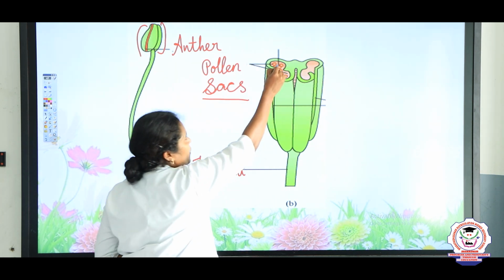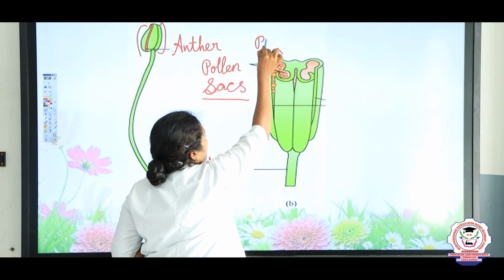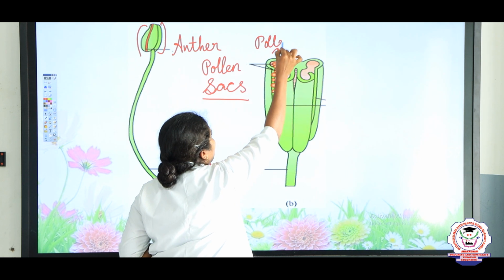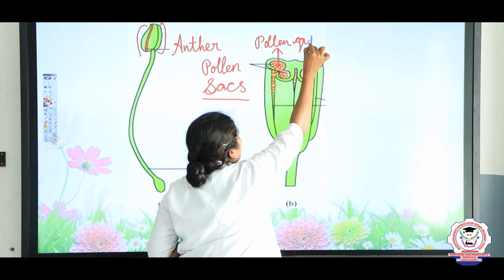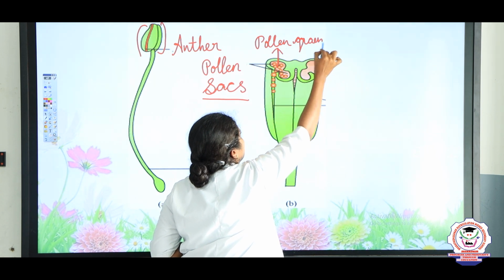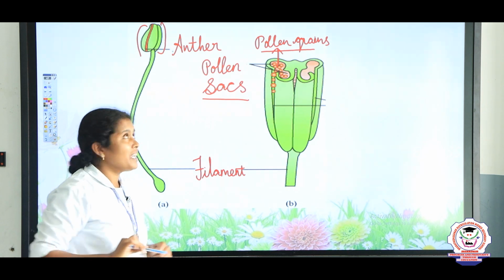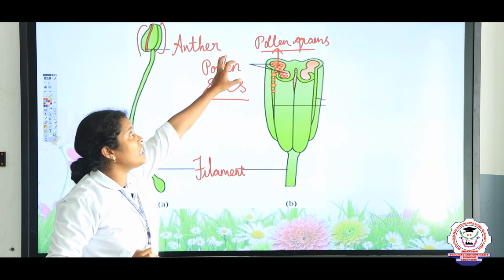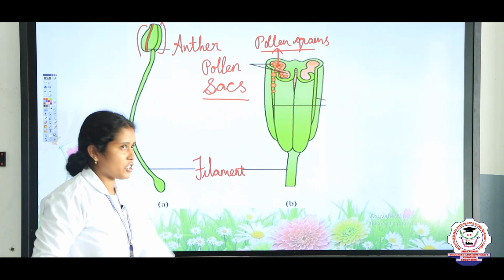See here, this is the structure of pollen grains. P-O-L-L-E-N, G-R-A-I-N-S. Pollen grains. They are involved in reproduction, and during fertilization they produce the male gametes. Okay, this is the structure of the stamen.